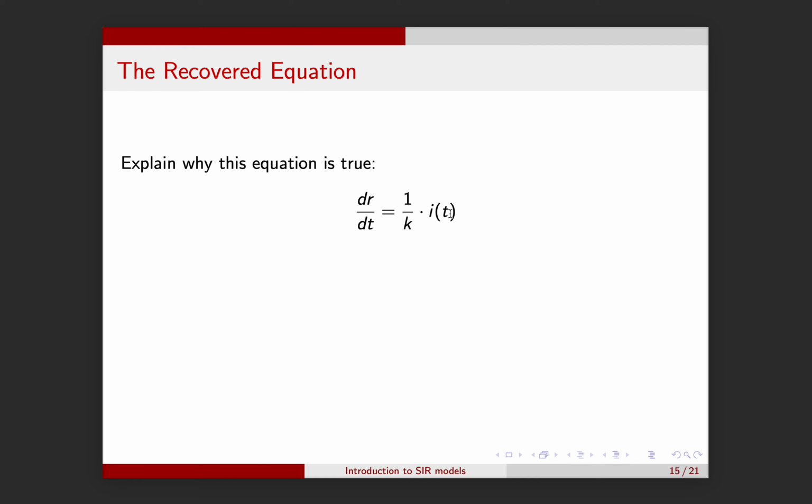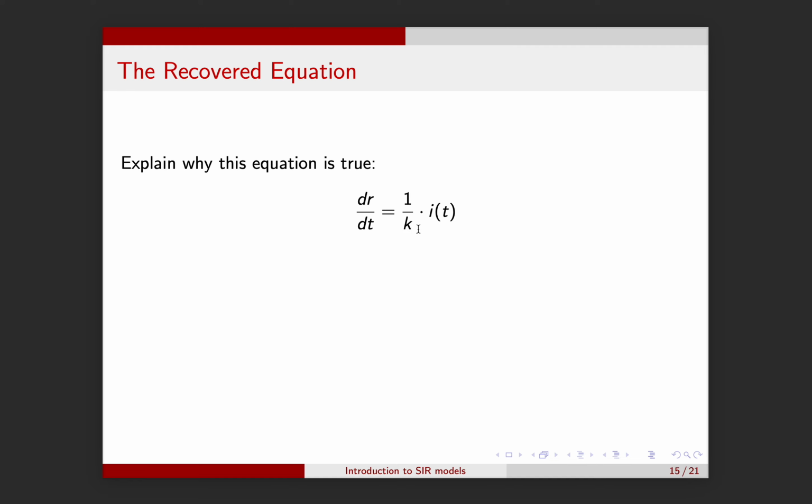Okay, now what's happening here? We said above, and I'm going to quit flipping through the slides because I know it's obnoxious to watch, that on a given day, 1 over k's worth of the infected population recovers. So again, if k were 4, we're saying a quarter of the infected population recovers on a given day. So 4 is the length of the infection.